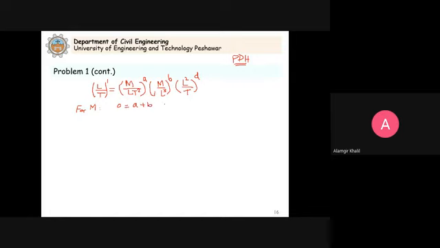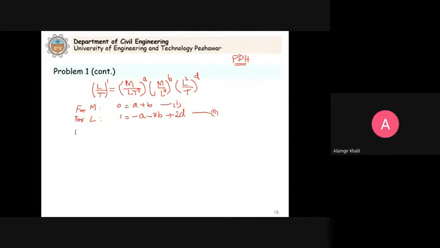So let's say this is equation 1. Then we have for L: what is L here? 1. What is L here? Minus A. What is L here? Minus 3B. And what is L here? Plus 2D. Let's say this is equation number 2.